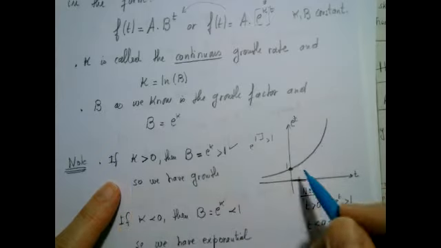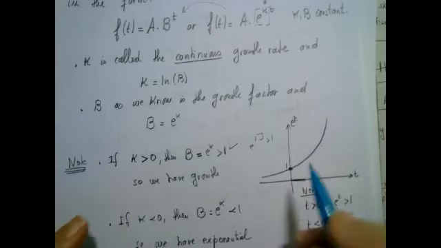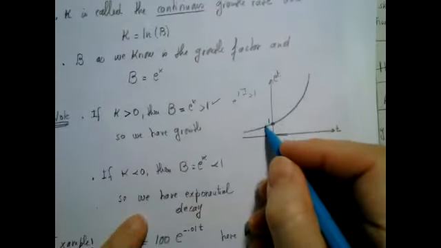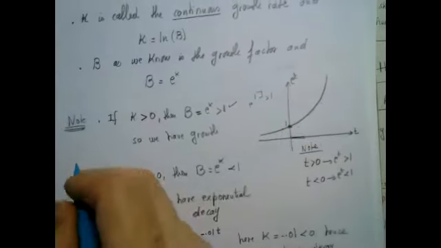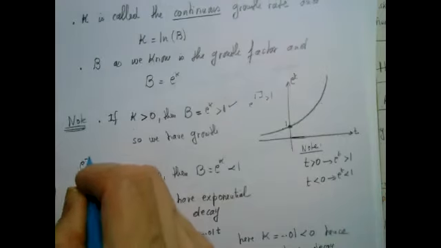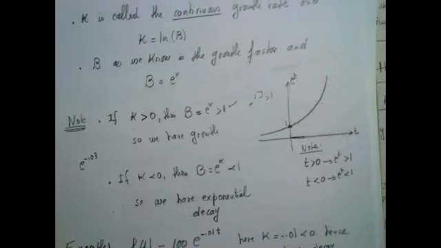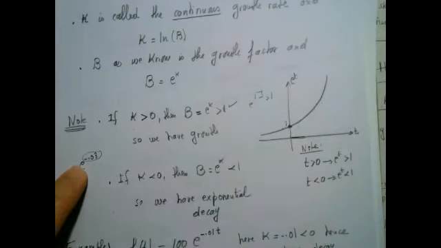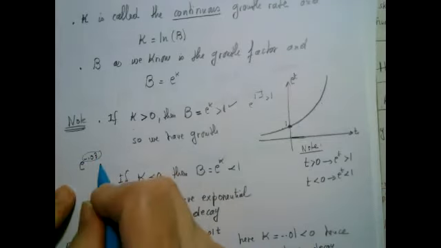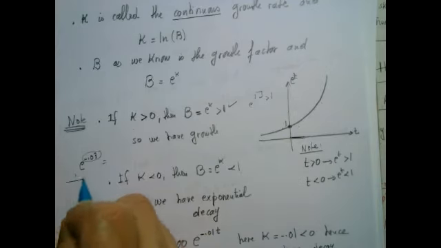So if k is positive, we're going to have a growth. If k is negative, e to the k is less than 1. In other words, suppose you take e to the power minus 0.03. If k is minus 0.03, my k is negative. This number is basically 1 over that. This will be less than 1.